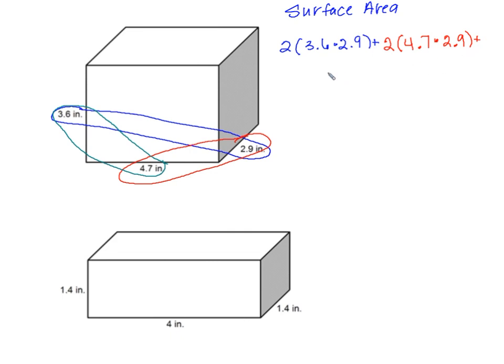I'm not going to be able to fit it. Then you just do the computation. And you'll know that that's true because 2, 4, 6. A rectangular prism has 6 sides.